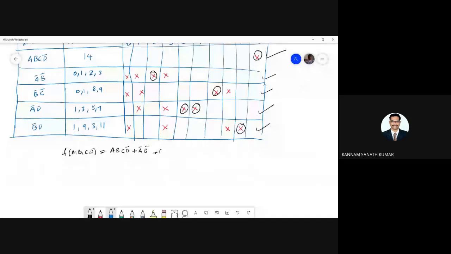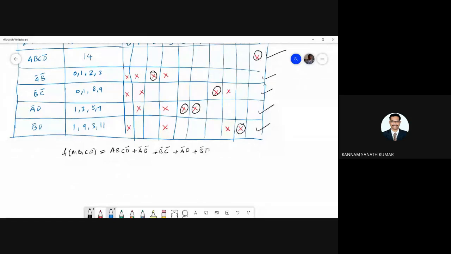Okay, so that means the function you should write is f of a b c d equal to what? A b bar plus b bar c bar plus a bar d plus b bar d.